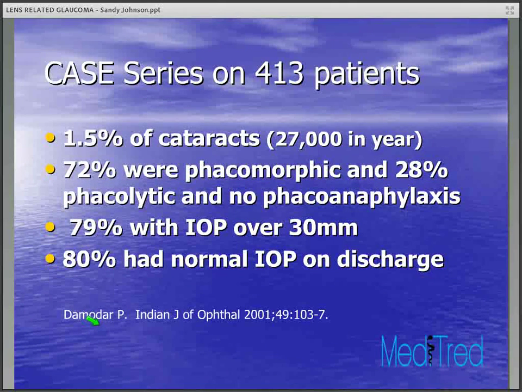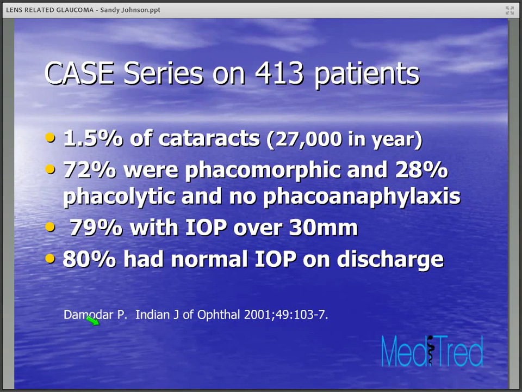There's been some case series also from developing countries like India, where they looked at what kind of glaucomas result from their mature cataracts, and they found that 1.5% of 27,000 cataracts had a lens-related glaucoma. 72% were phacomorphic and 28% were phacolytic.